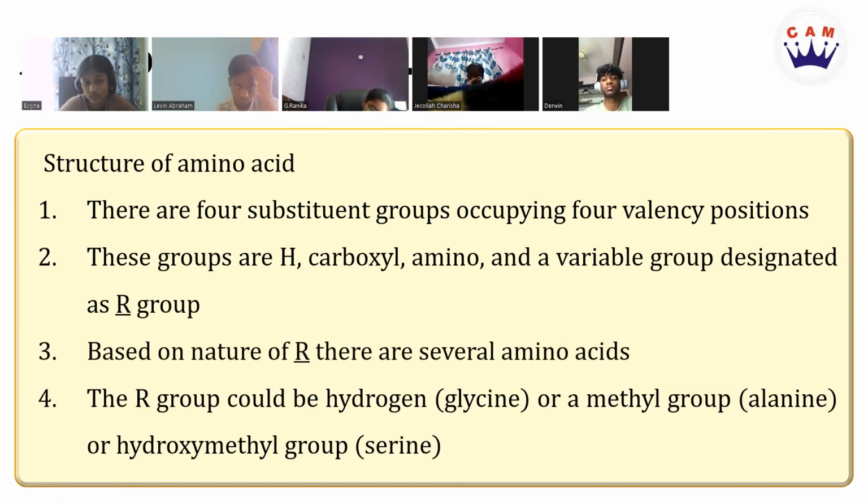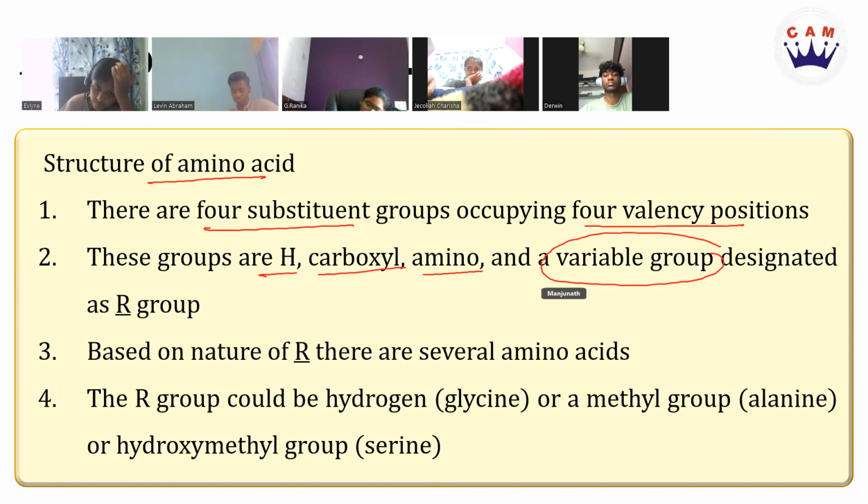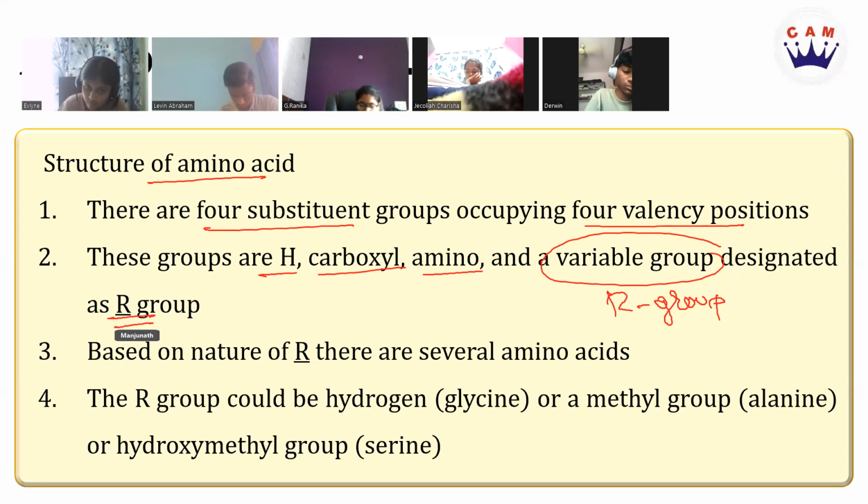Okay. See, as I explained to you, in the structure of an amino acid, there are 4 substituent groups occupying 4 valence carbon positions: hydrogen, carboxyl, amino, and the variable group. The variable group is the R group, which is different from each other and is responsible for 20 different amino acids.